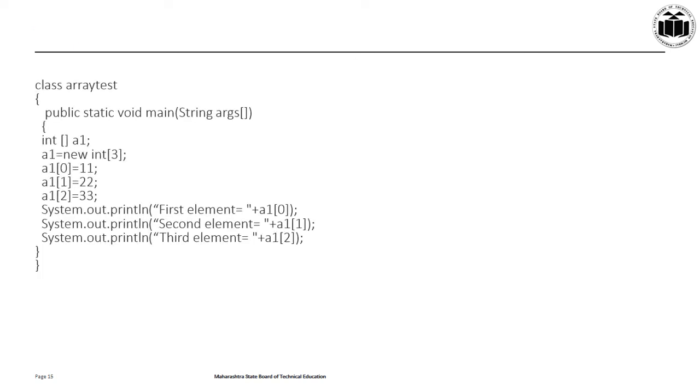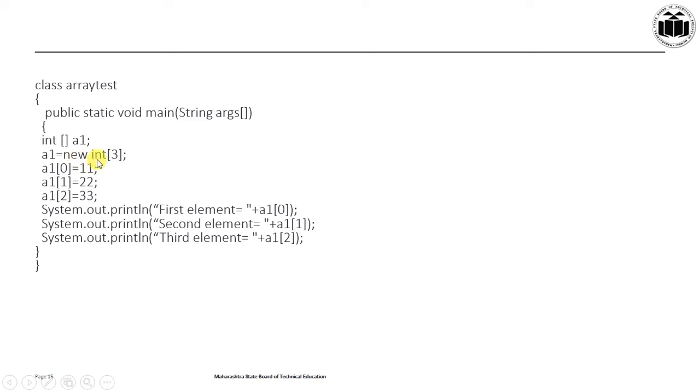Now here we will see how to create the array, how to put the values into the array, and how to access the array elements. So here you can see I have declared a1. I have mentioned the name of the array, that is a1, of integer data type, and how many memory allocations I want. So I want 3 memory locations, and I have reserved these 3 memory locations by using the new keyword.